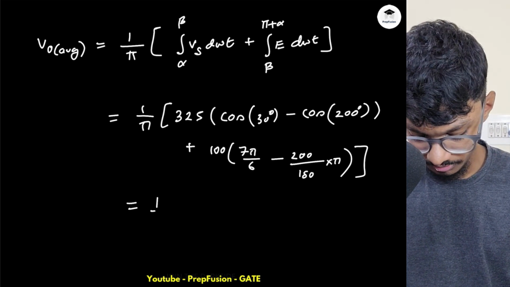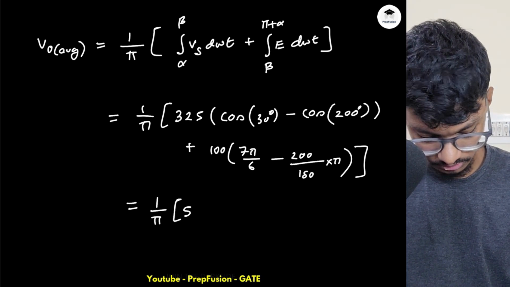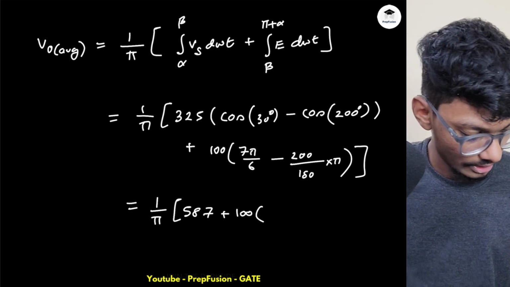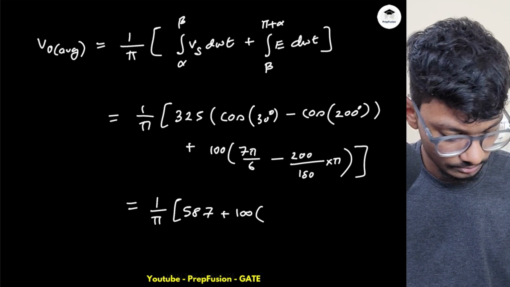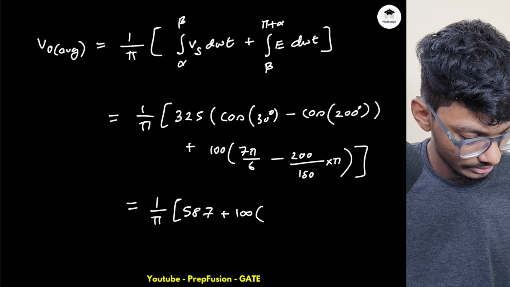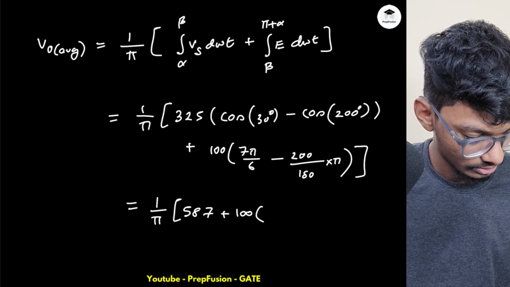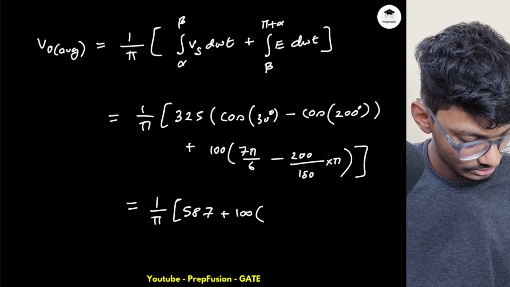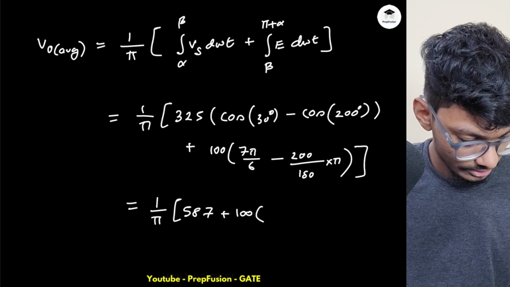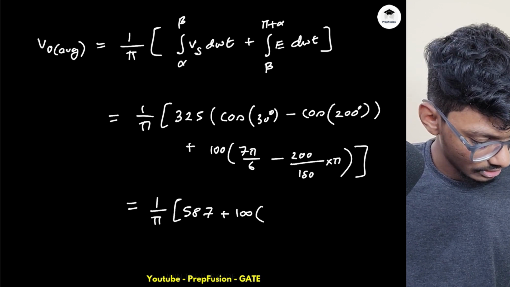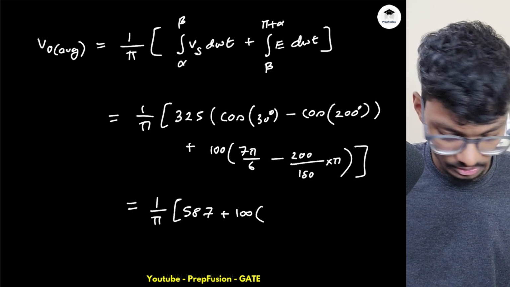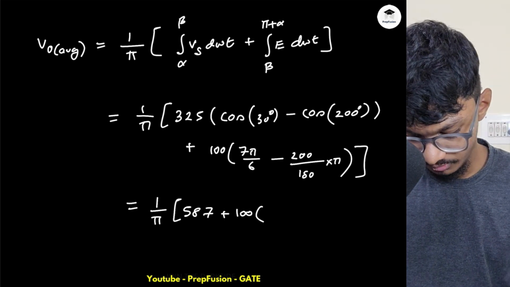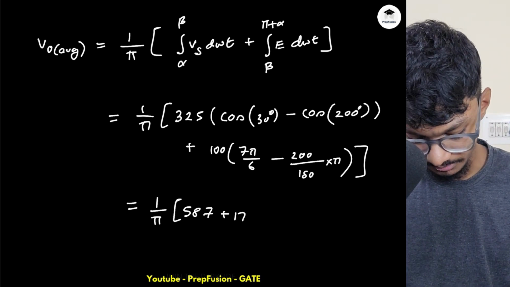So this will be almost equal to 1 by pi into 587 plus 100 into 7 pi by 6 minus 200 divided by 180 into pi, into 100. So this will be 17.45 actually.